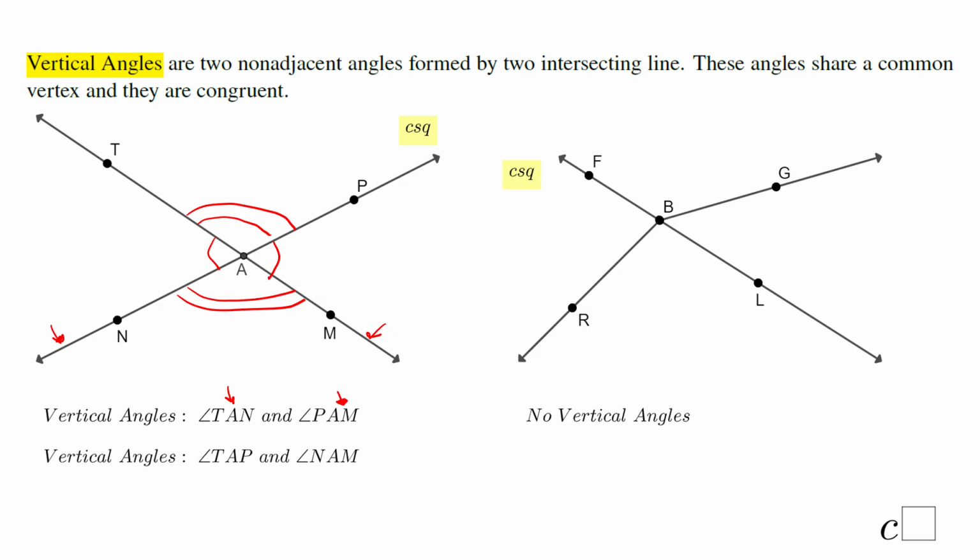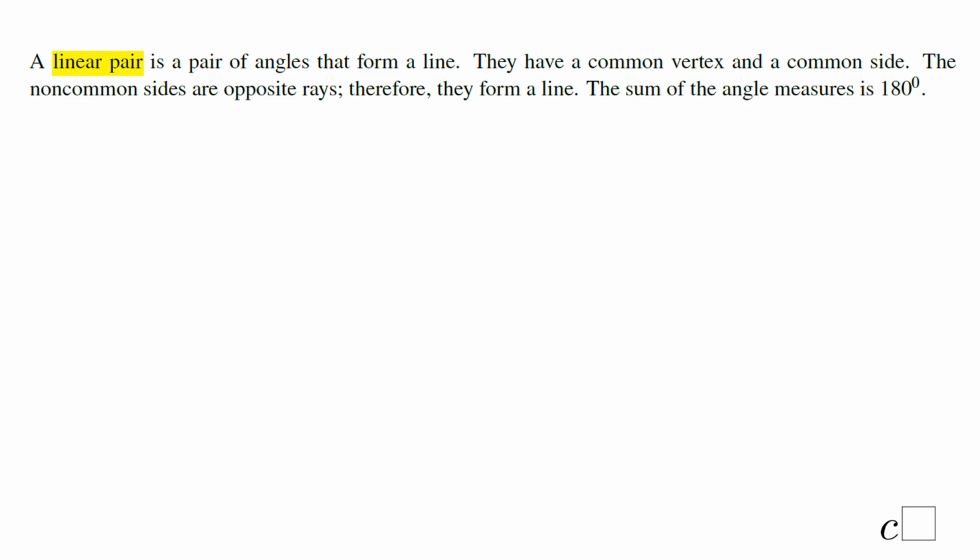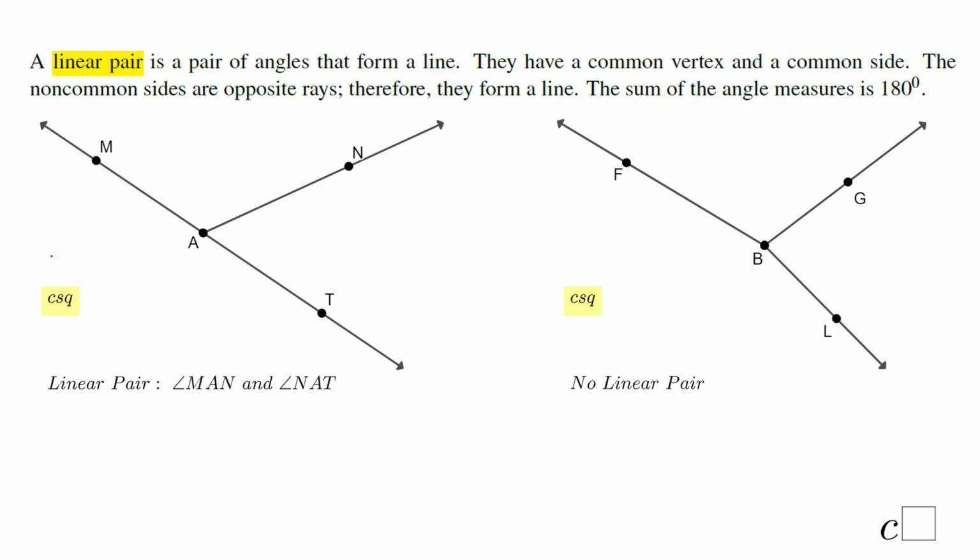Very important. A linear pair looks like this, the one on the left. You notice they have a common vertex here. They are adjacent angles, and these adjacent angles form a line, so these two angles form a linear pair.